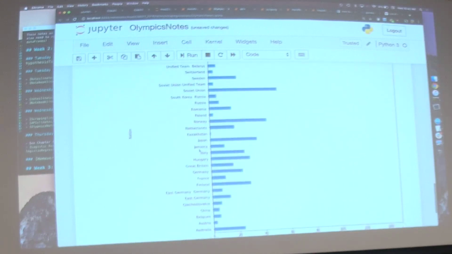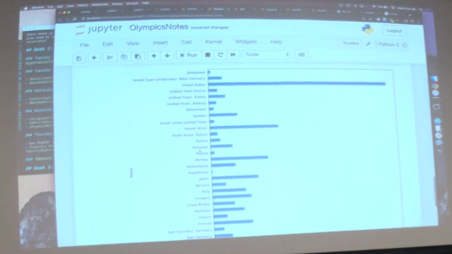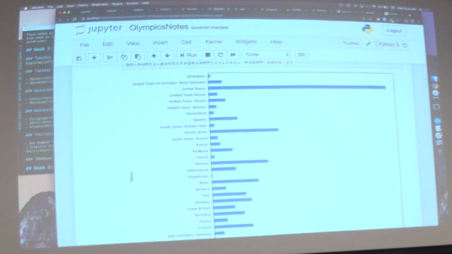And we see that America has by far the most golds from multiple Olympics. So, doing great. So that's like Michael Phelps and Mark Spitz, and who else?